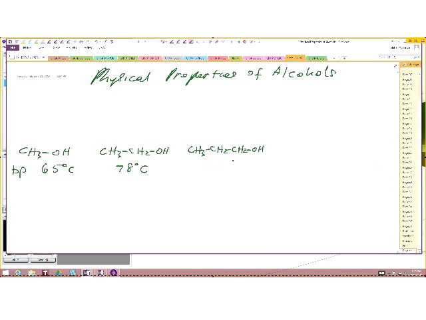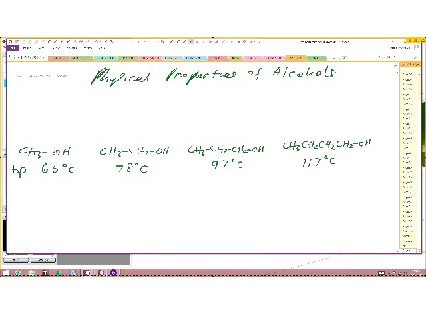Boiling point is 97. Then we go to butanol. Boiling point is 117. Now, does anybody detect a pattern here?